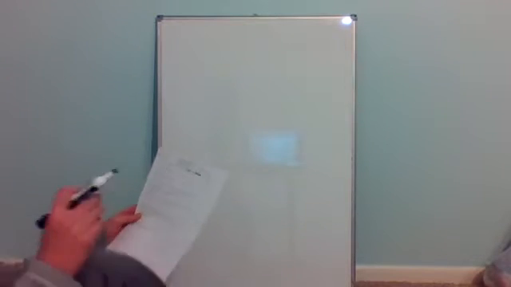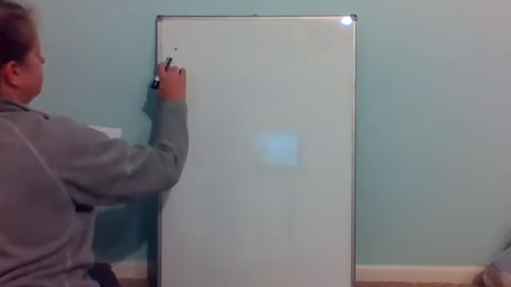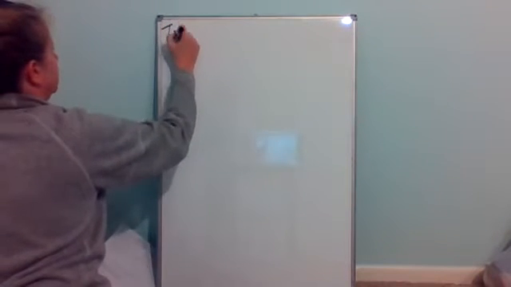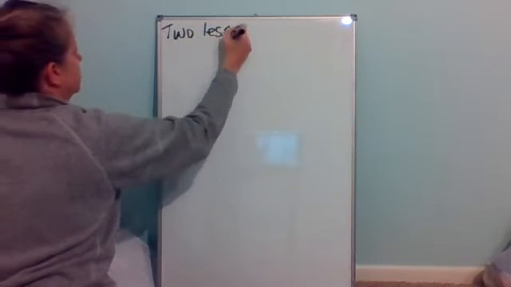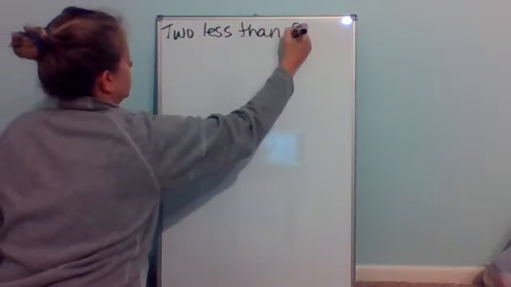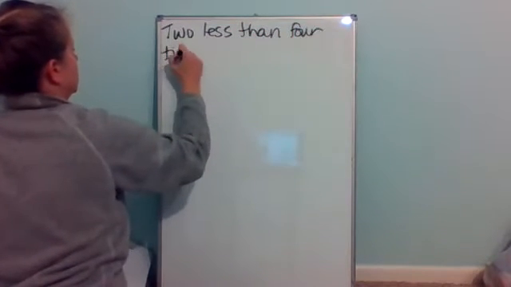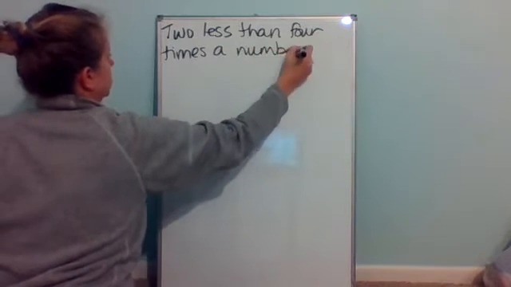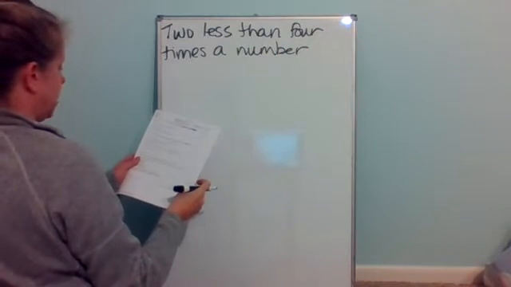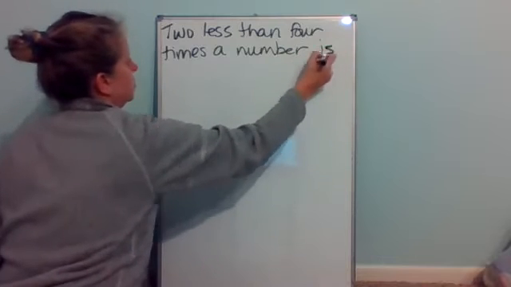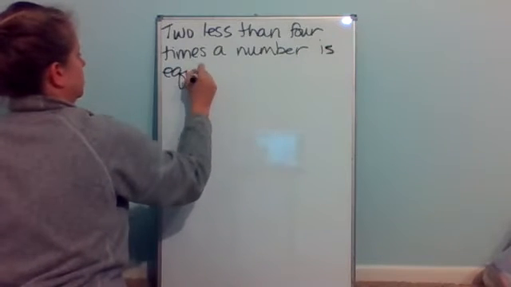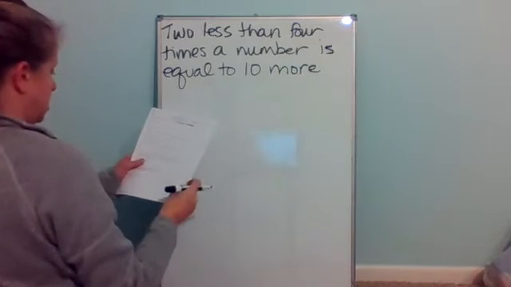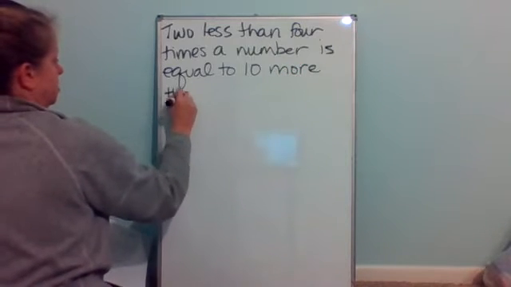And here, I'll just write the sentence to remind us how we did this. 2 less than 4 times a number is equal to 10 more than 6 times the number.